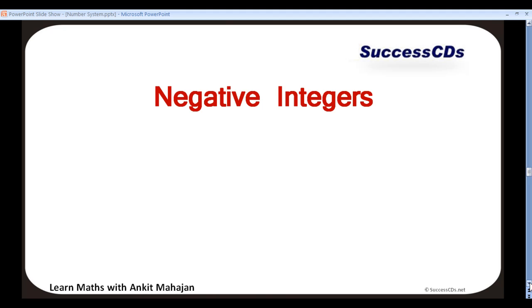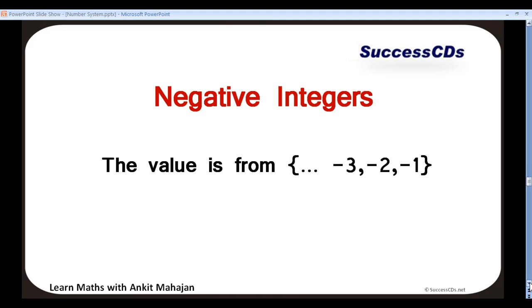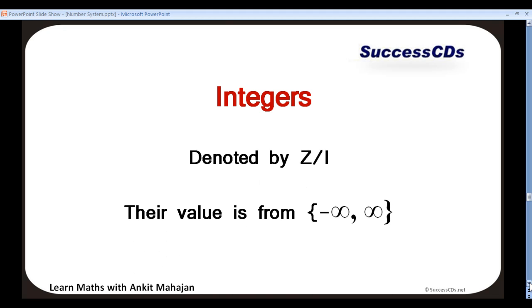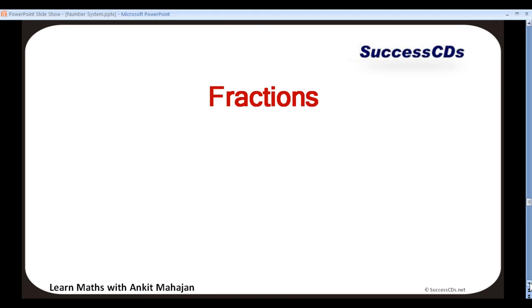These numbers range from minus infinity to minus 3, minus 2 and minus 1. All these are a part of the integers family denoted by capital Z or capital I, and their values lie between minus infinity to infinity.